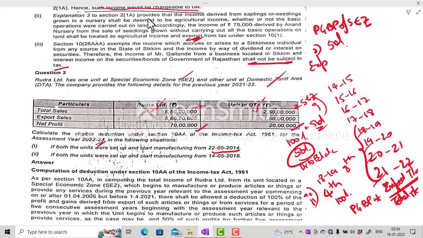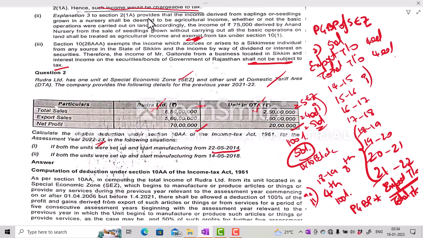Then calculate export turnover. Export turnover 5.6 lakhs minus 1.6 lakh, that is 400 lakh. Total turnover 6.5 lakh minus 2.5 lakhs, it is also 400. So total turnover will be 400 lakhs.